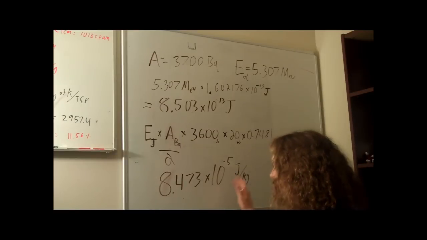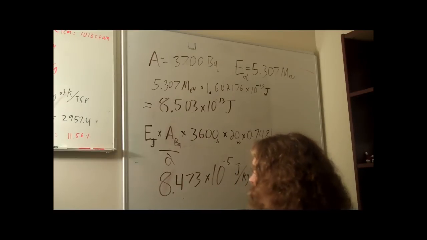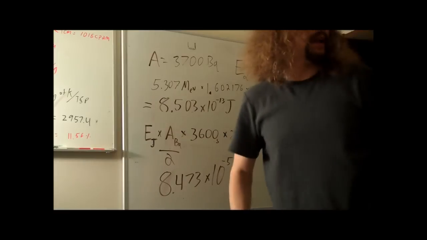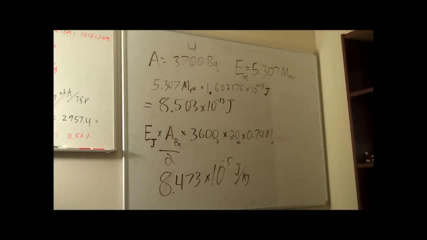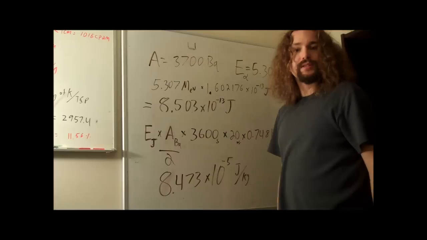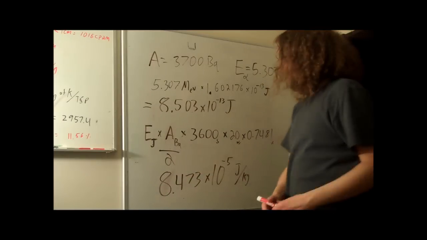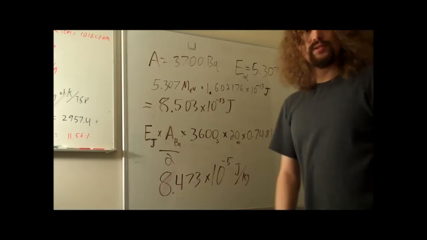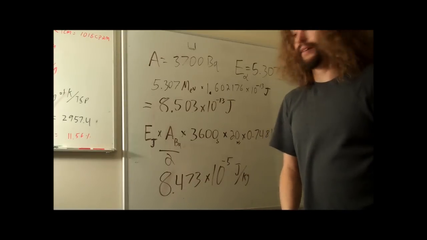To convert this to microsieverts per hour, where's my better marker for that? Microsieverts per hour are millionths of a sievert. That's pretty close to a millionth right there, right? It's getting there.